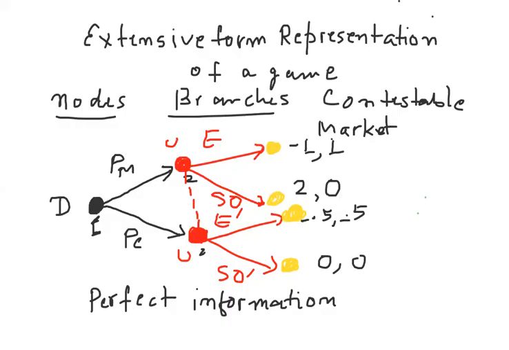The dashed line is telling you that United doesn't know whether it is at the upper node or the bottom node, meaning it's not aware of what Delta had chosen. So a game can also be depicted as an asymmetric information game where one party has more information than the other party. Delta knows what it's going to choose, but United doesn't know what Delta had chosen. So this is how you represent that by using a dashed line.